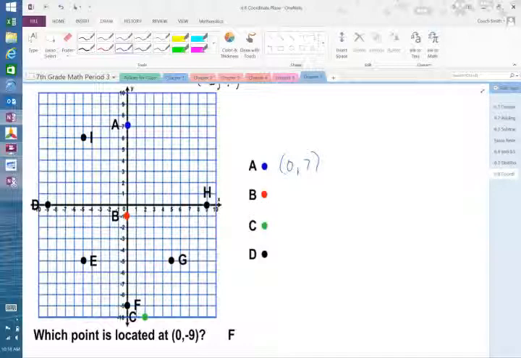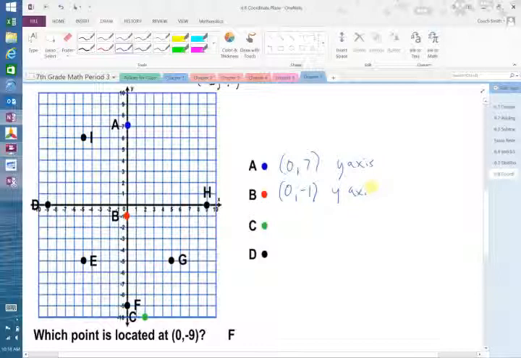Grant? Y-axis. Okay? So those are the two things that you would need to do on that specific problem. What about B? Noah, what are the coordinates? 0, negative 1. And it also falls on the y-axis.